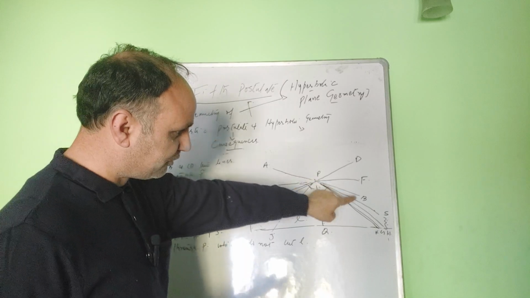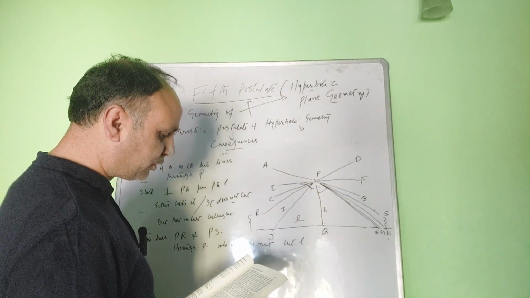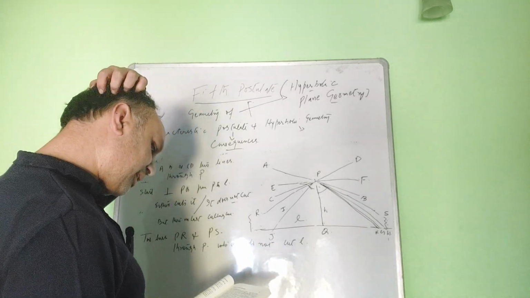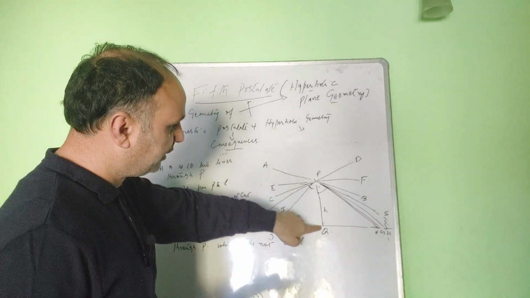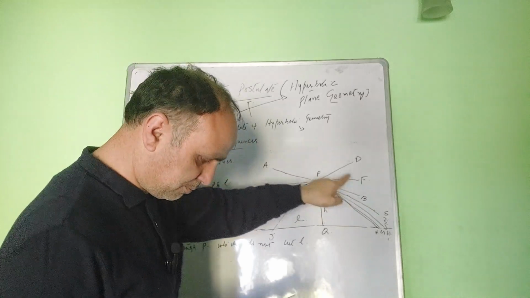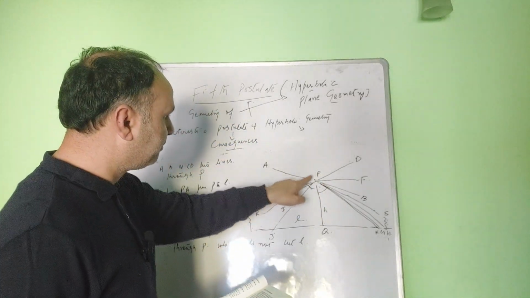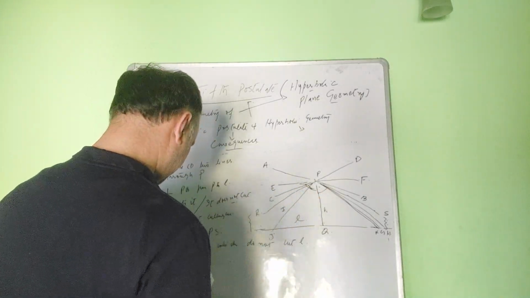This means PS does not intersect L. So this leads to a contradiction. One concludes that this angle RPQ is equivalent to SPQ.